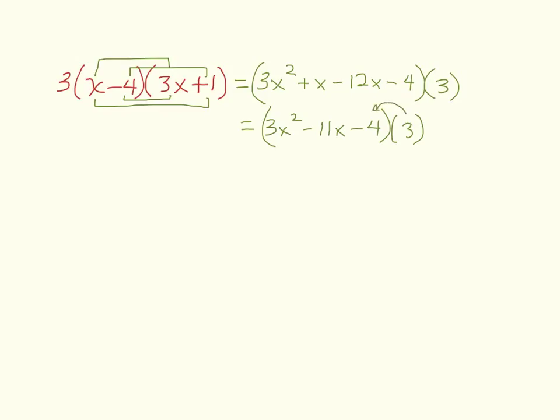We're going to multiply 3 times each one of these terms now. All right? So 3 times 3x squared, 9x squared. 3 times negative 11x, minus 33x. 3 times negative 4 is minus 12. So we've multiplied our terms, and then we multiplied it to distribute the 3.